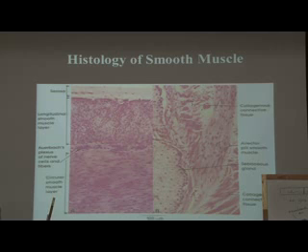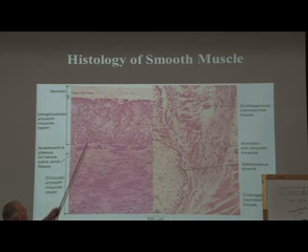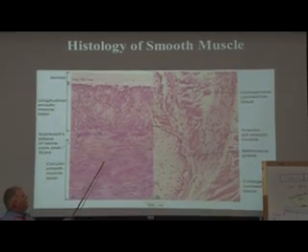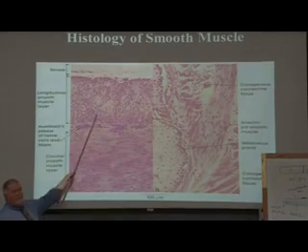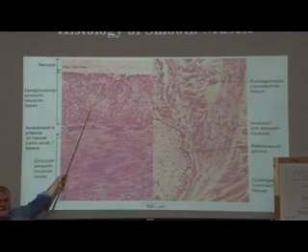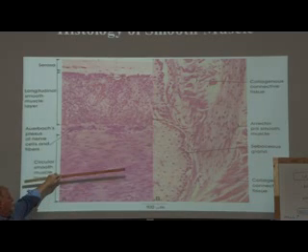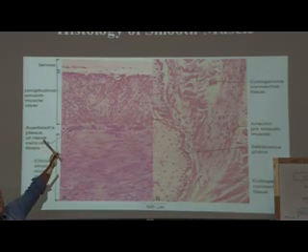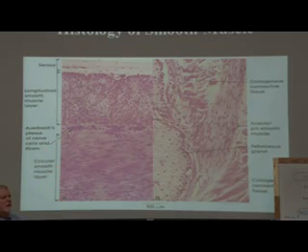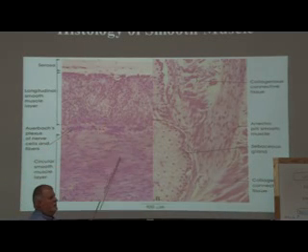We call that the circular layer because the fibers are going around the lumen like this. And then the outer layer of muscle we call the longitudinal layer because the cells are running the length of the small intestine. So when you cut the small intestine, you get those two perpendicular views of the cells themselves. These cells are running this way, these cells are running like that as you're looking at them, which makes it look very different between the two.